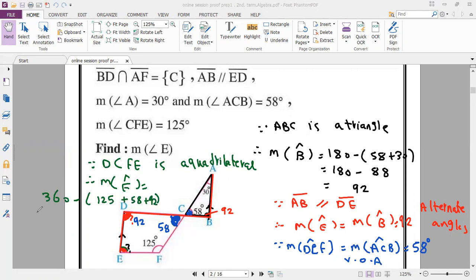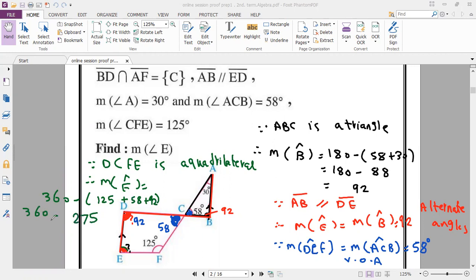Okay, so it will be 360 minus, here it's 125 plus 58 plus 92. Add them, it will be 2 plus 8, 10 plus 5 is 15, 5 and carry up 1. 1 plus 9, 10, 10 plus 5 is 15, and 15 plus 2 is 17, 7, carry up 1, and here we have 2.